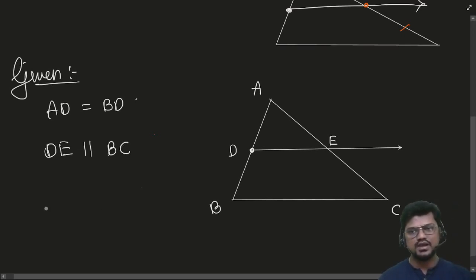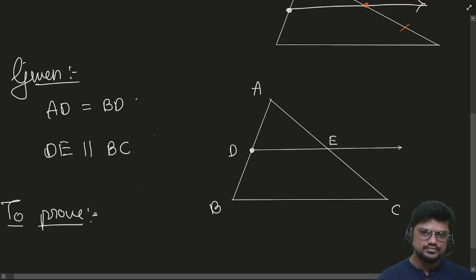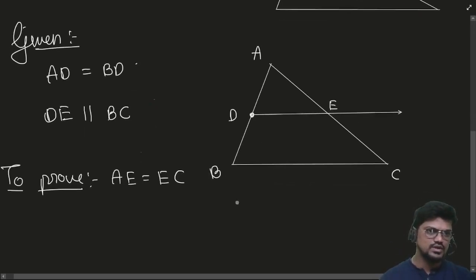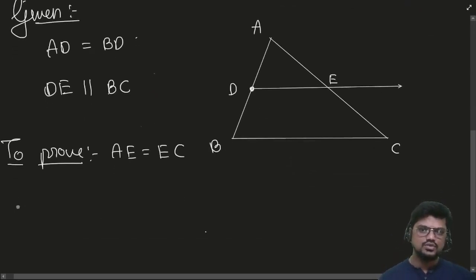Now to prove this, we will have to do some construction. First, let's write what we have to prove. What is to prove in this? That AE equals EC, that it bisects the third side, right? This is what we need to prove. Now to do the proof, we'll have to do some construction.